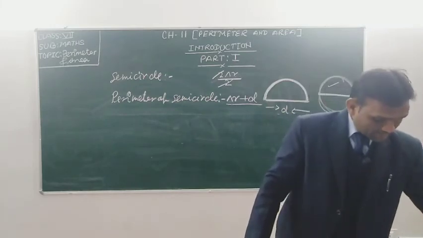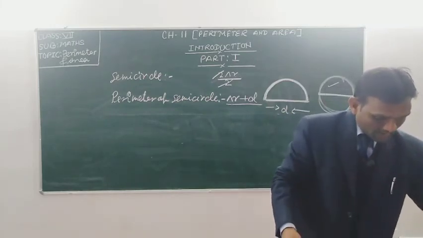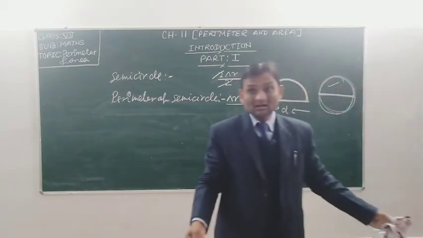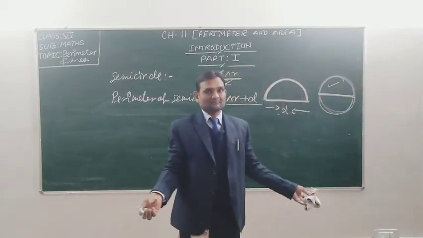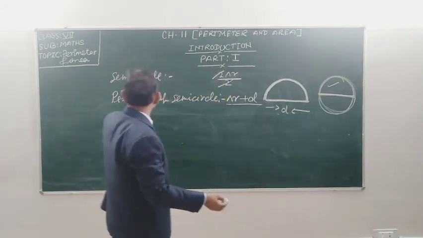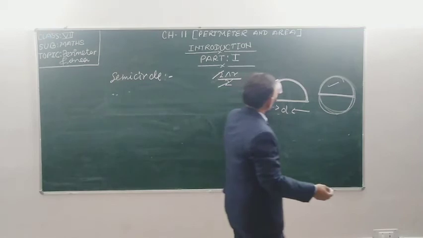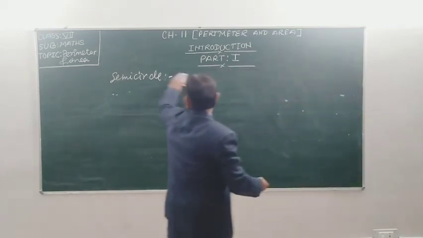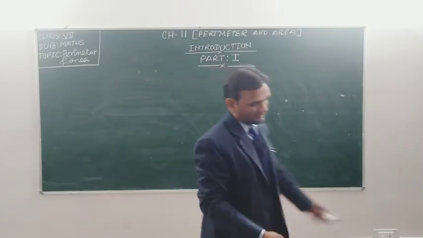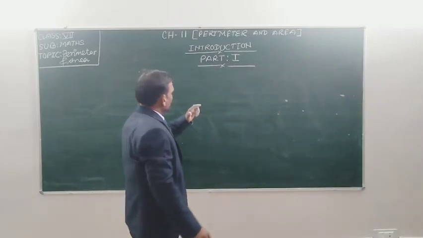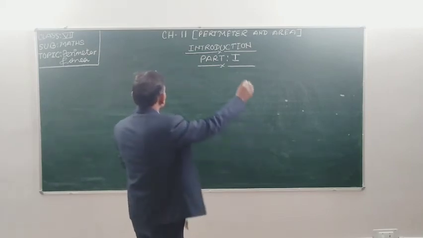And student, in this chapter, we need to find out the area of the parts of the figure. So how can we find out, student? Suppose that this type of question can be asked in exam.